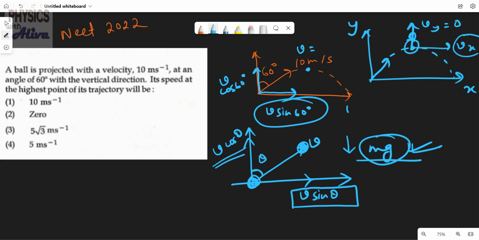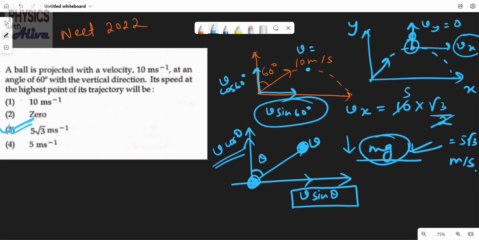So we can write the component of the velocity along the horizontal direction is v sin theta, that is 10 meter per second times sin 60 degree, that means root 3 by 2. This will cancel out. This is equal to 5 root 3 meter per second, right?